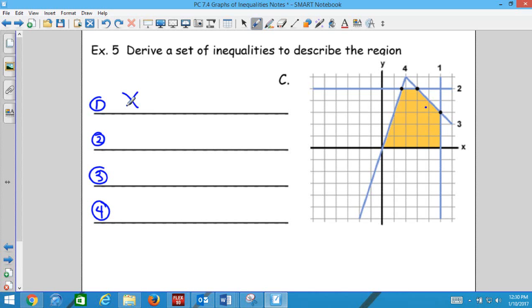With x and it's 5, where's the shading? This is at x equals 5. But the shading, is it bigger than 5 or less than 5?